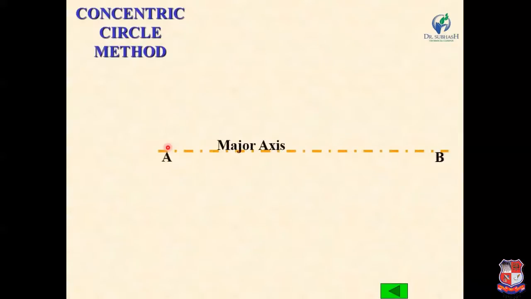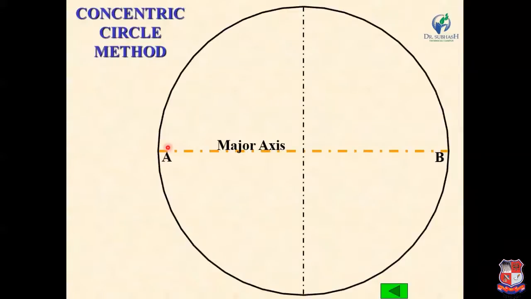First of all, we draw a major axis equal to 100 mm and draw a circle whose diameter is 100 mm, or we can say a circle of diameter equal to the major axis.